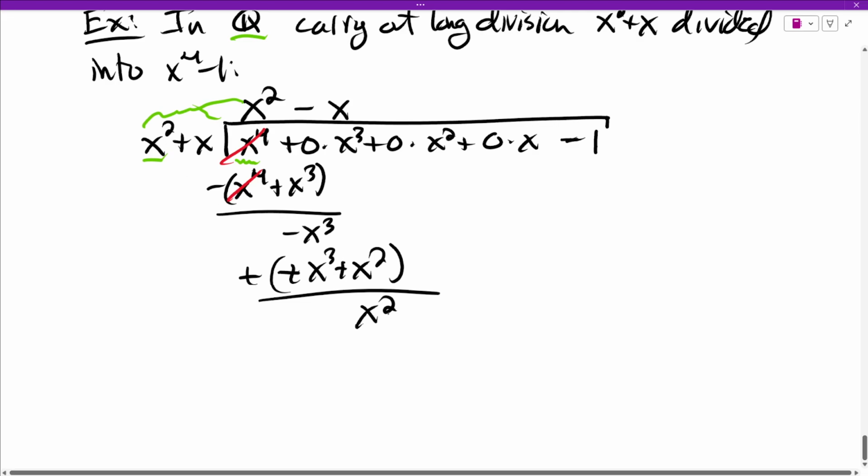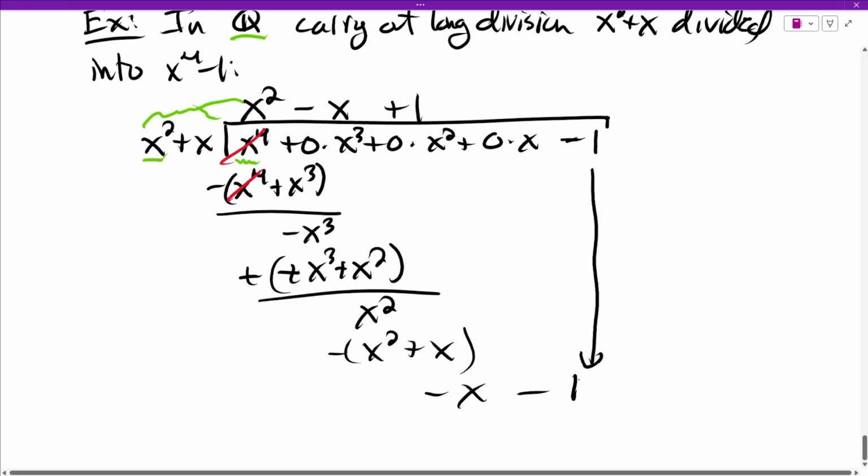Then we divide the x squared into the x squared. We have a 1. Multiply the 1 through: x squared plus x. Subtract that. We have negative x. We can't divide anymore. Bring down what's left. So what have we learned here?